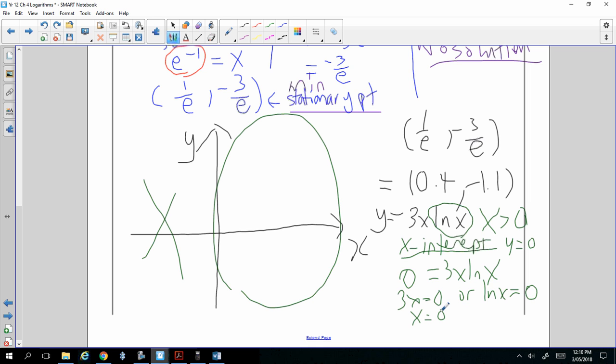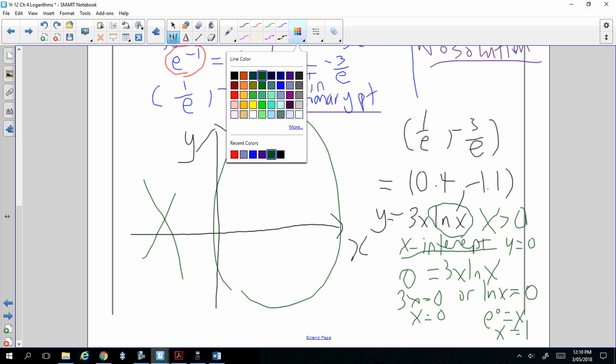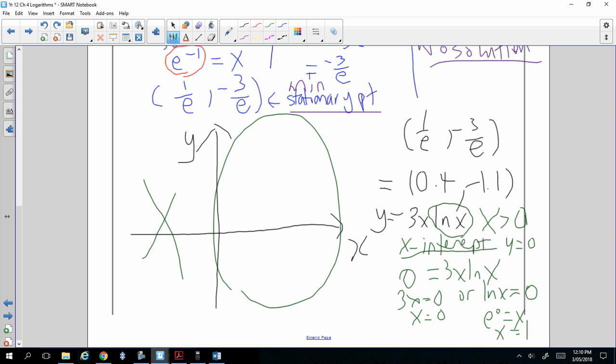So you write e to the power 0 equal to x. x is equal to 1. Now can x be equal to 0? No, because x has to be positive. So you cannot accept this solution. So it's only one x-intercept, which is 1.